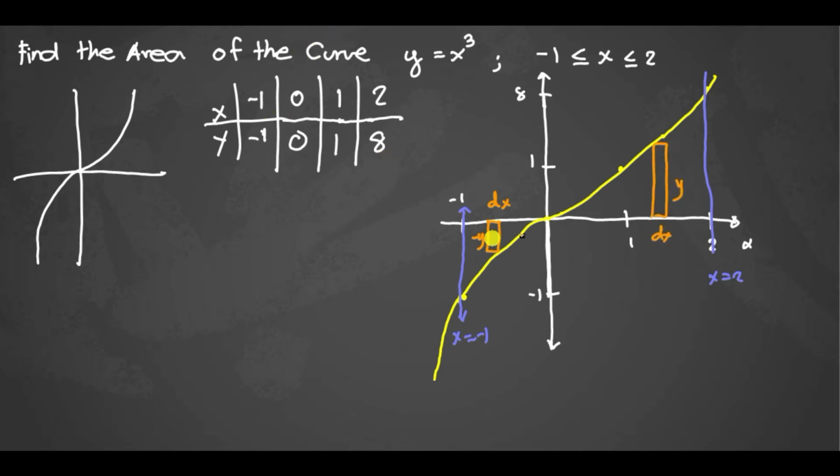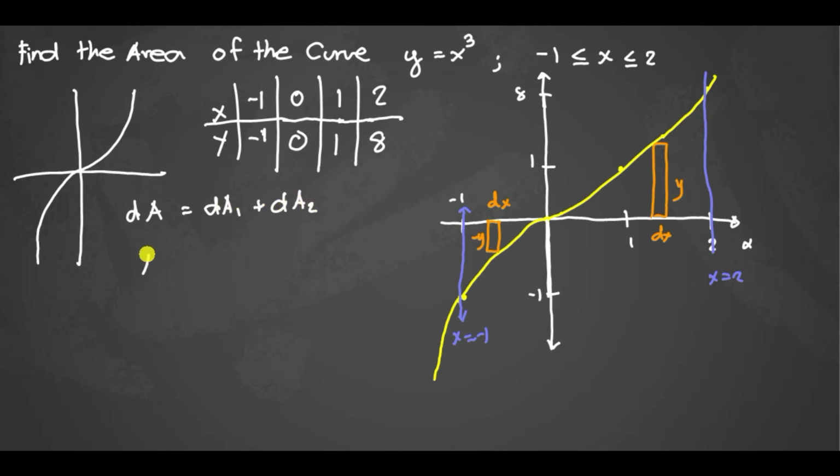Now, from these differential areas, we can formulate our formula, in which our differential total area is equivalent to the differential of area 1 plus the differential of area 2.